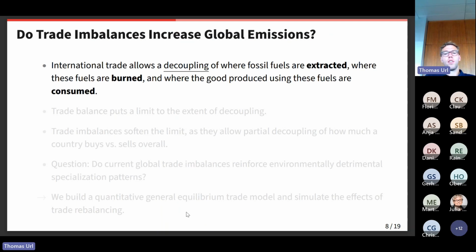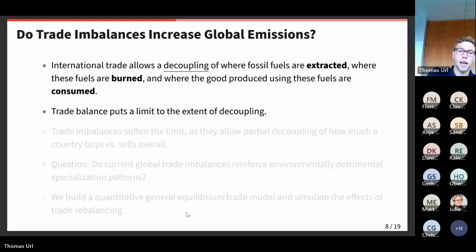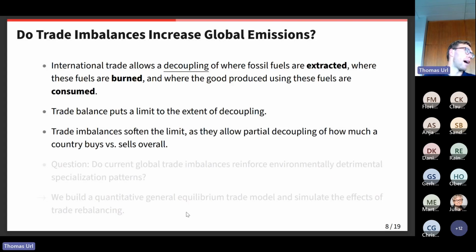International trade allows for decoupling of where fossil fuels are extracted, where they are burned to produce goods, and where they are consumed. Balanced trade puts a limit on this decoupling, while aggregate trade imbalances soften this limit, as they allow for a partial decoupling of how much a country buys versus how much it sells overall.